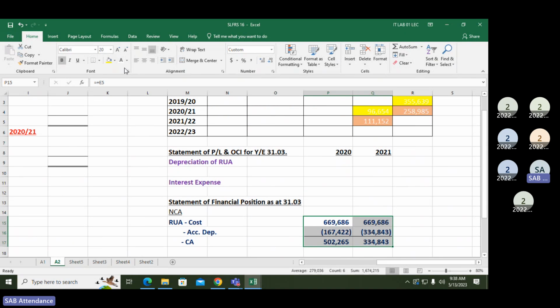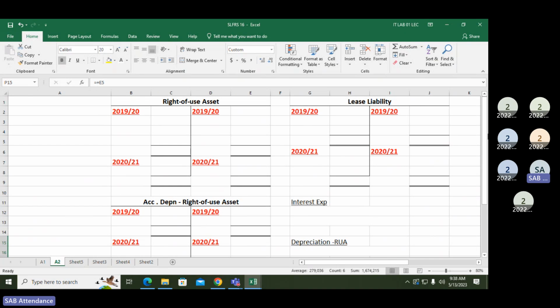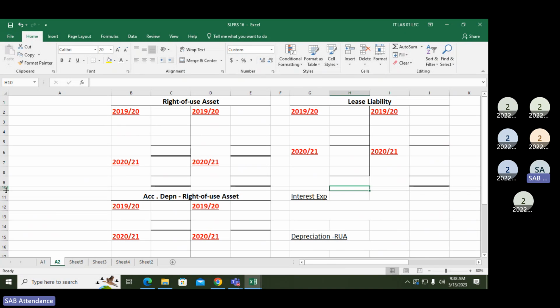It has a 4-year period list, but the question asks for the extract for 2 years, so we'll prepare the first 2 years. Right of use asset account, accumulated depreciation account, and the lease liability account.